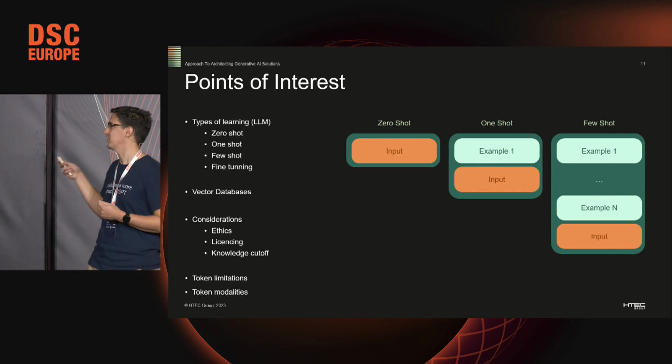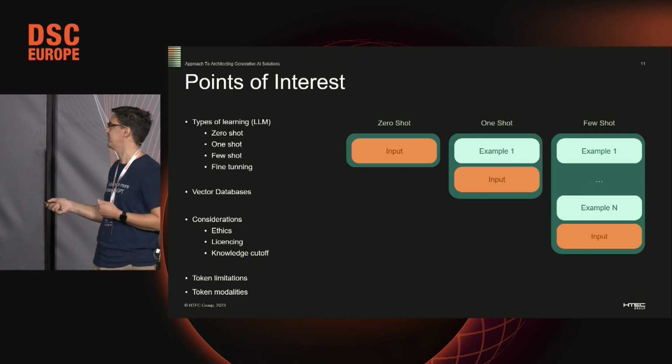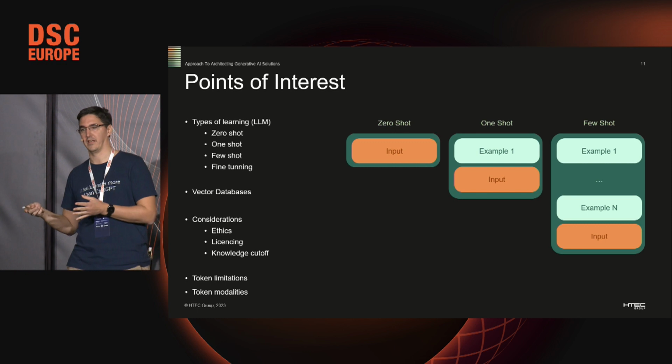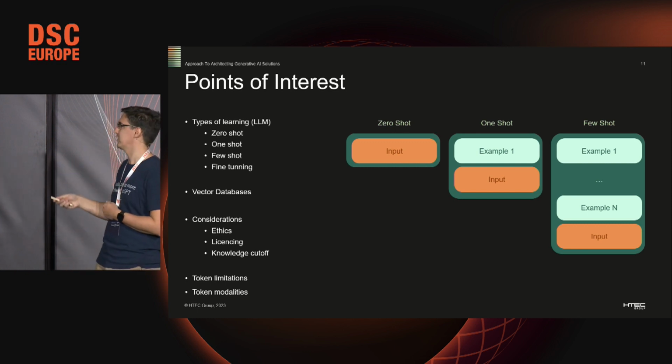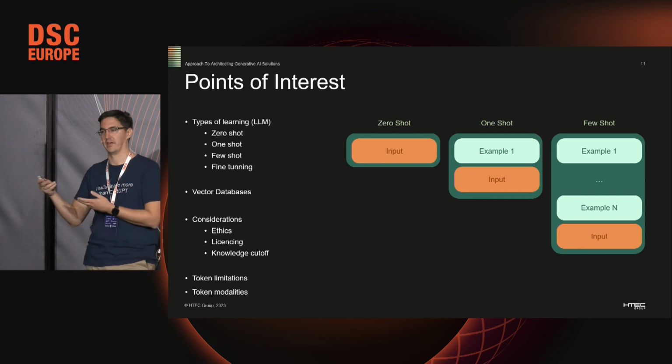Next, we have one shot and few shot learning. Color coding is the same as in the previous image of the prompts, and this means that inside the context you will provide those additional examples that you want. For one shot learning you will provide one example, for few shot you will provide a few examples.